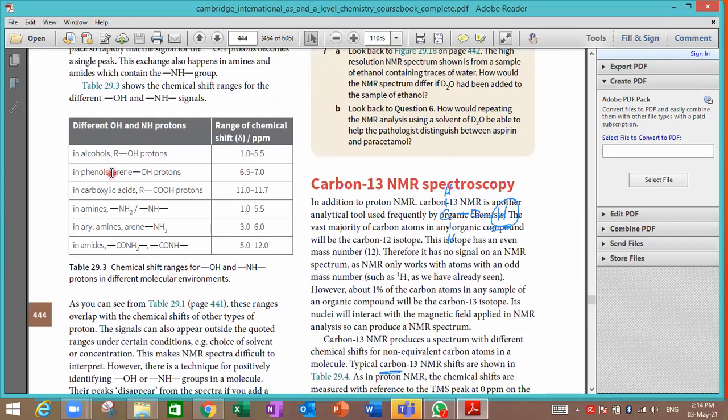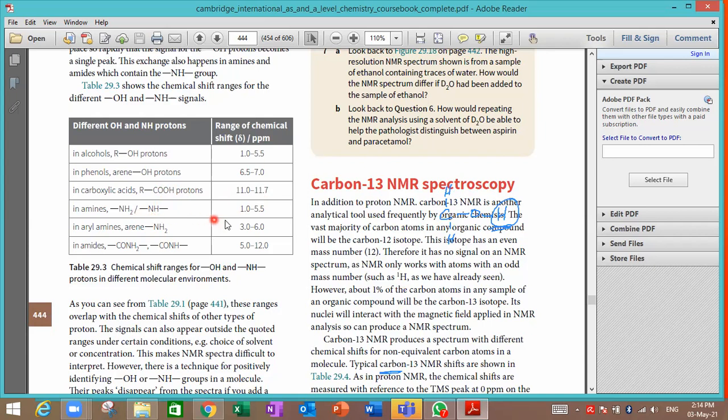This is the completeness of the table: if we have a hydrogen that is an alcohol, it appears in a chemical shift from 1 to 5.5. If it is present as in a phenol, it appears between 6.5 to 7. If it's present in a carboxylic acid, the OH itself will appear between 11 to 11.7.